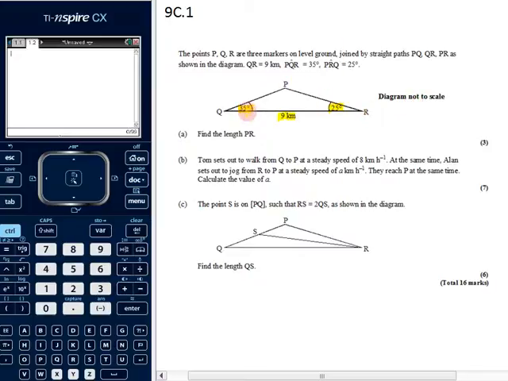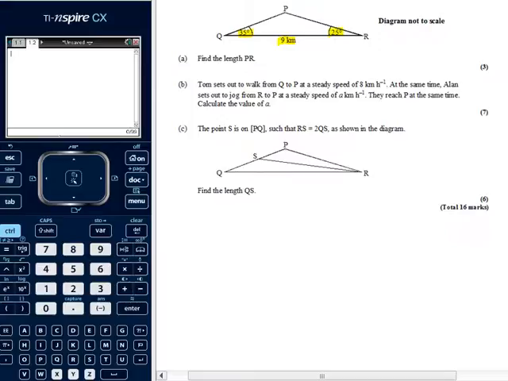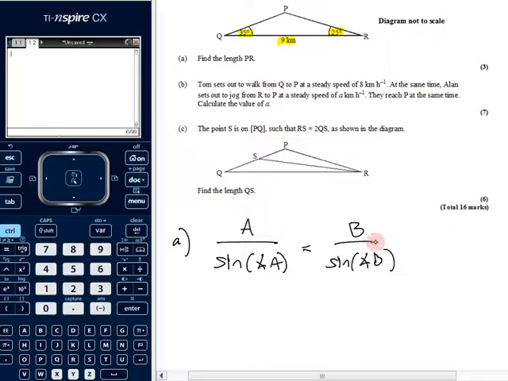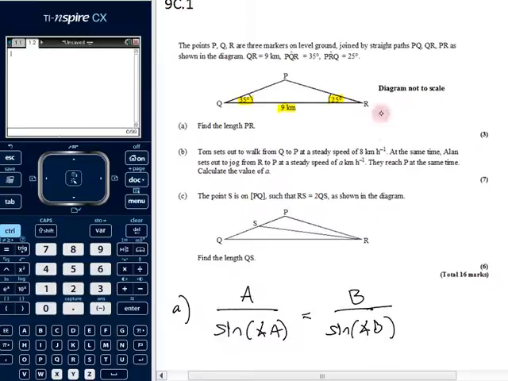So what we're given is two angles and one side, and we'd like to know another side. So the rule that relates two sides to two angles would be the sine rule. That would make a lot of sense. So for part A, we'll go with the sine rule, which says that side A divided by the sine of angle A, that's the angle opposite side A, is equal to side B over the sine of angle B, that's the angle opposite side B. So if we want the side PR, we need the angle opposite PR, that'd be Q, we have that.